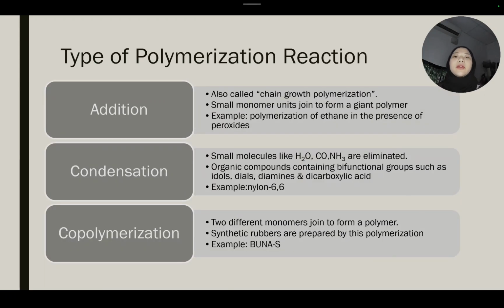Type of polymerization reaction. There are three: addition, condensation, and copolymerization.